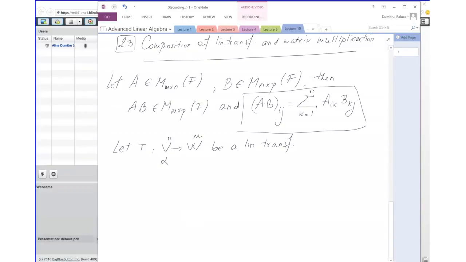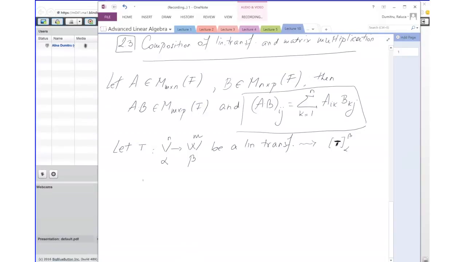Alpha is a standard ordered basis for V, beta is a standard ordered basis for W. So it has a matrix associated to it, the matrix of T from alpha to beta, right? Which is an M by N matrix.